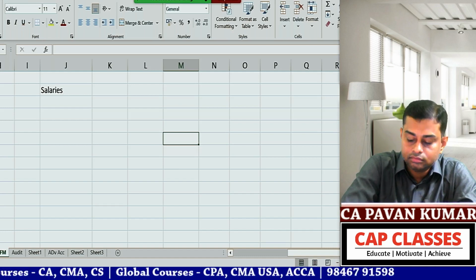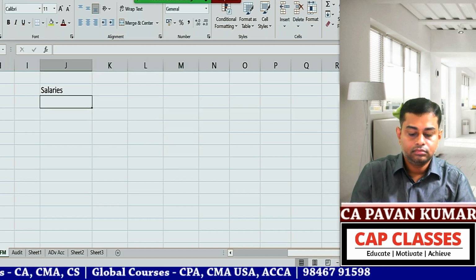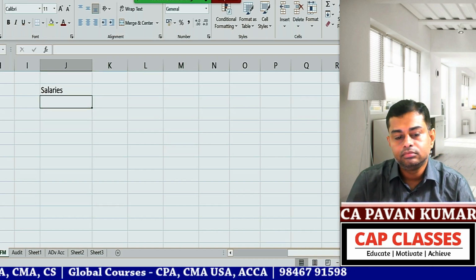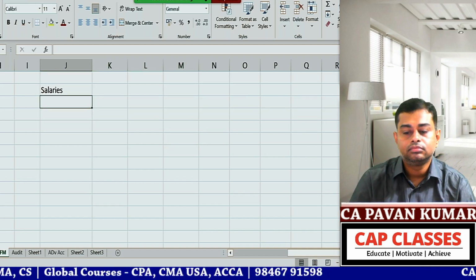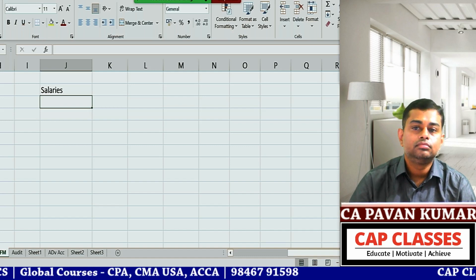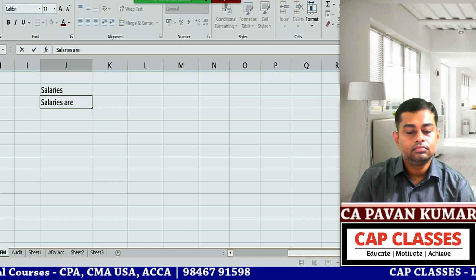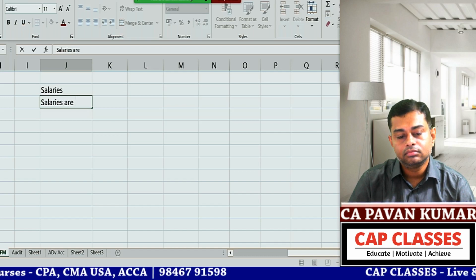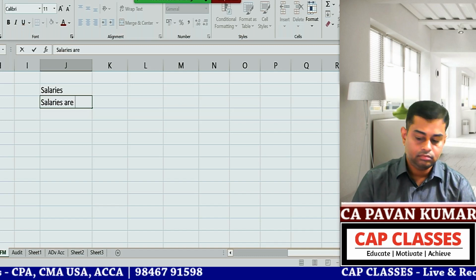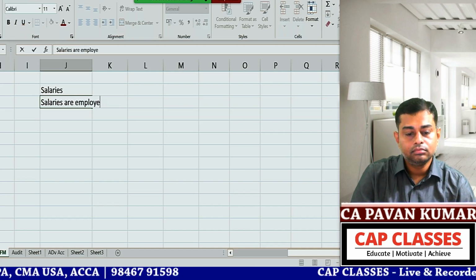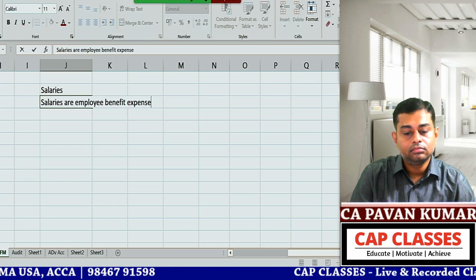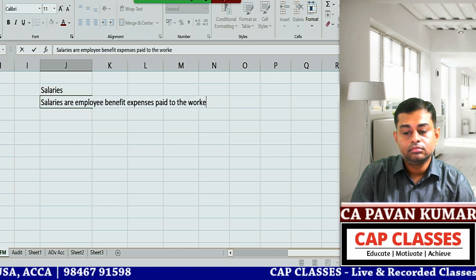Okay, first of all, we'll write about what a salary transaction is. Salaries are monthly fixed payments which are paid to employees of the company. Employee benefit expenses paid.